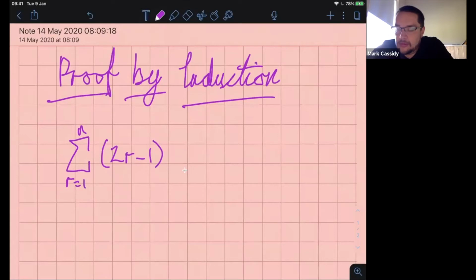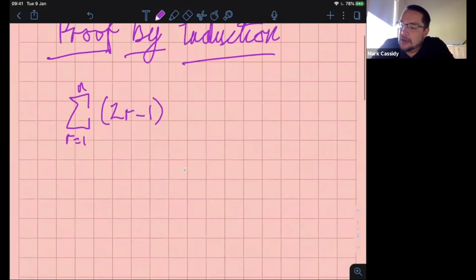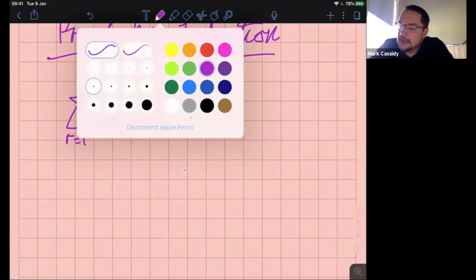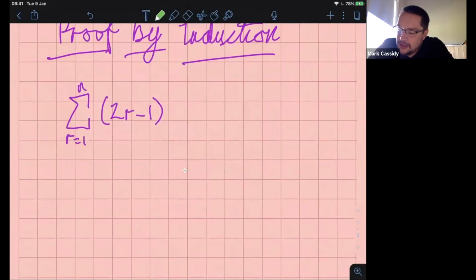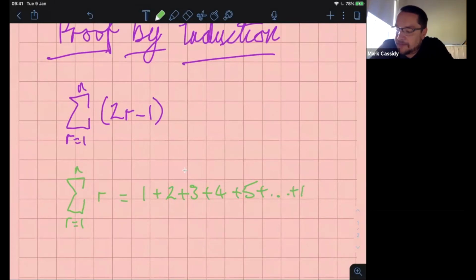Okay, well, let me just do an aside. If I just had sigma r equals 1 to the n of r, all that would mean is I would have 1, where r is 1, add 2, add 3, add 4, add 5, all the way up to n. So what happens is we sum from r equals 1 to n.